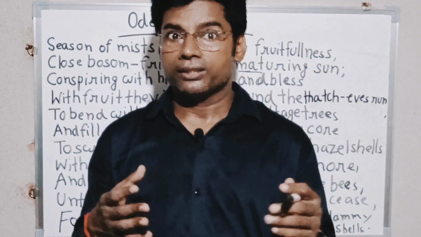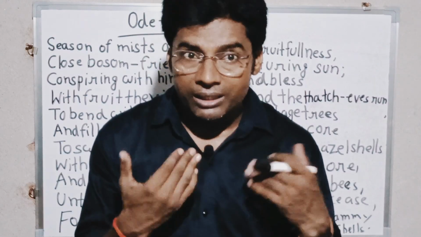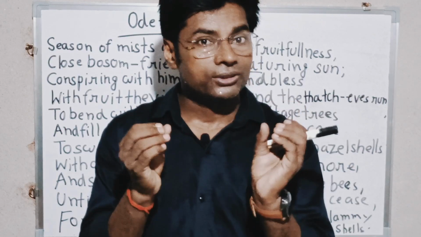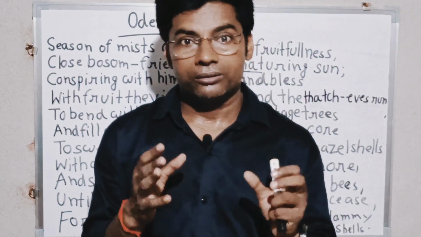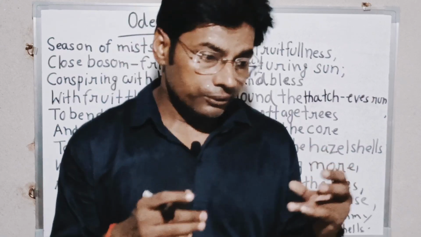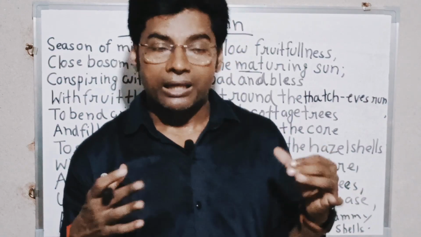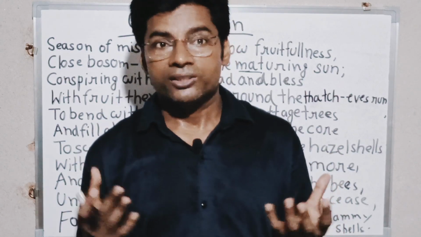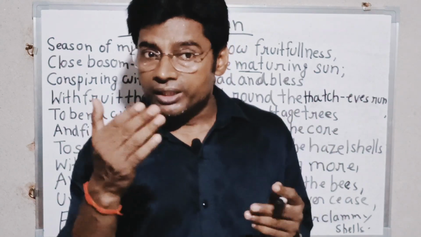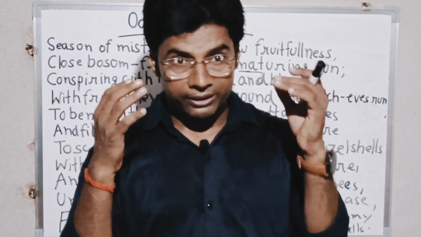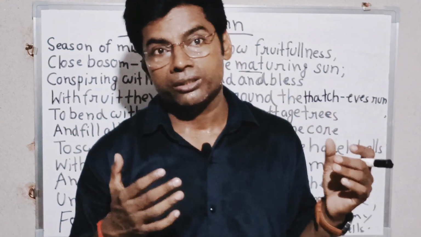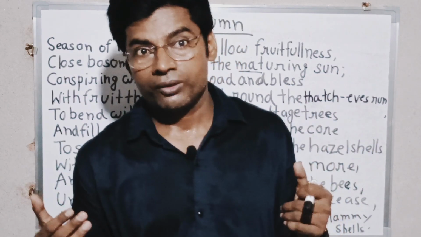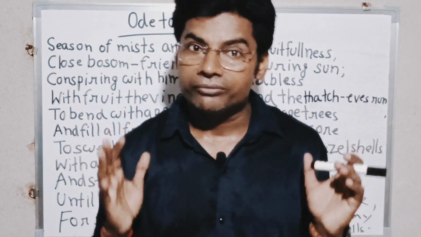So since autumn has helped these plants bloom those flowers, it's all because of that. The bees are in a kind of confusion whether this year the summer will never end. But it is only their confusion.